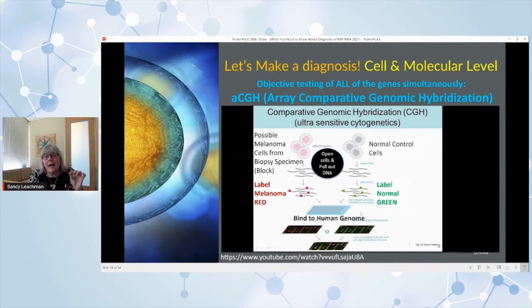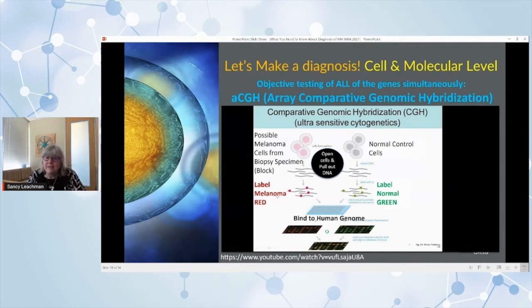But you can break it up into chunks of about 100,000 base pairs. And each one of these little tiny dots on this slide has about 100,000 base pairs of DNA from the human genome. And it's in sequence. So they put the entire genome in blocks of 100,000 base pairs onto a single slide.